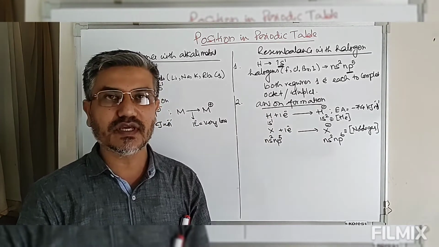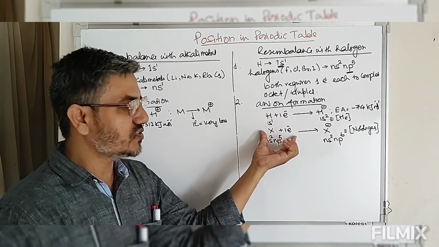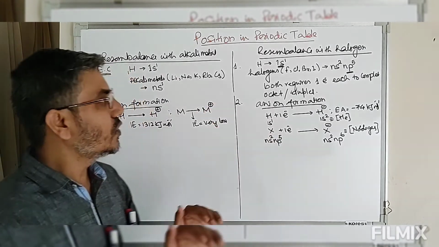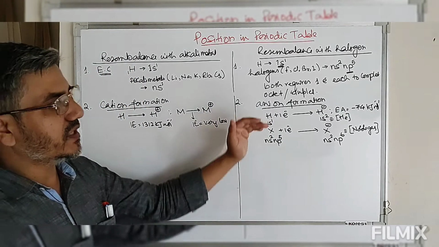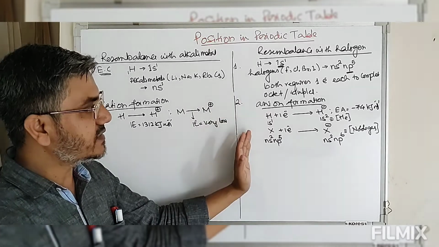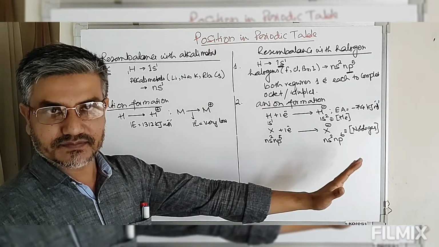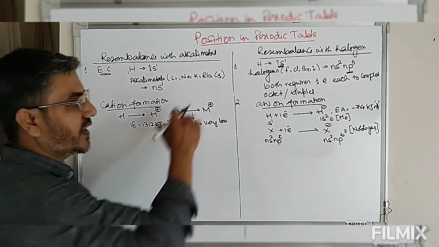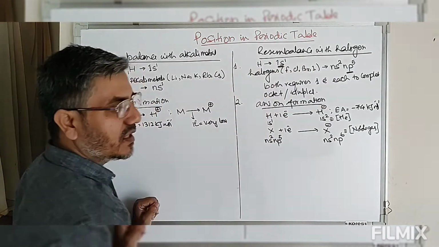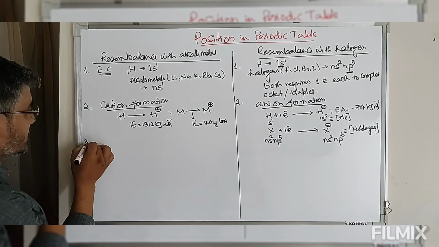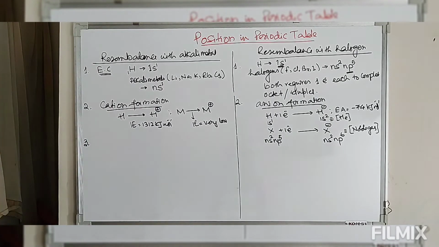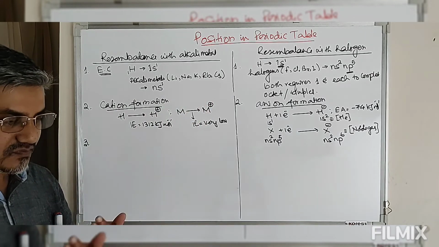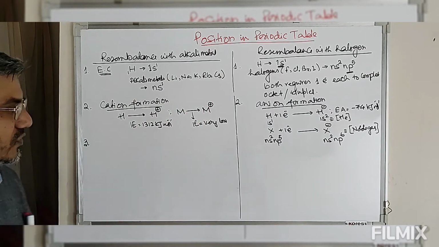So in terms of electron gain enthalpies, those of halogens are the greatest in the period. But apart from this difference in electron gain enthalpy values, both have a tendency to form anions. So in terms of cation formation, hydrogen matches with the metals. In case of anion formation, it resembles halogens. Now the third property which shows resemblance with alkali metals and halogens is affinity for non-metals.